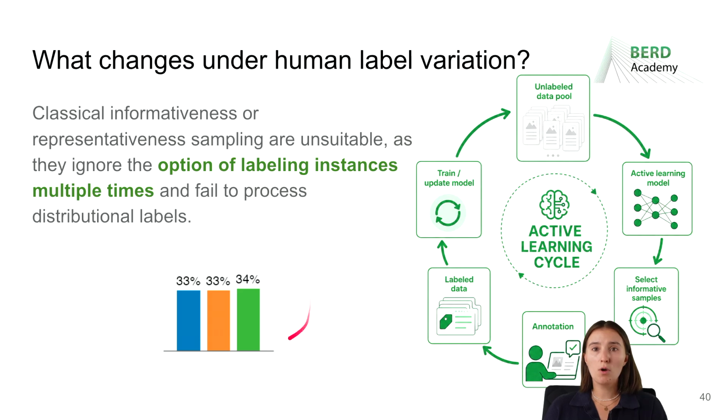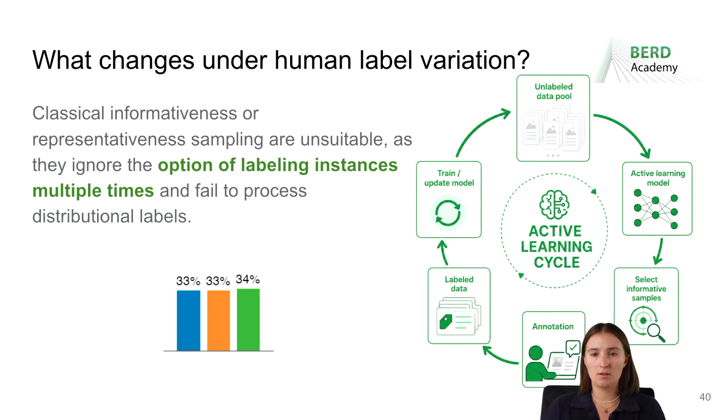Because, for example, what if the instance that we have is just really that ambiguous? What if this is the real entropy of that specific instance? If we're always just labeling the very ambiguous cases, for example, we don't really help the model to learn proper representations of the human label distributions that we observe.